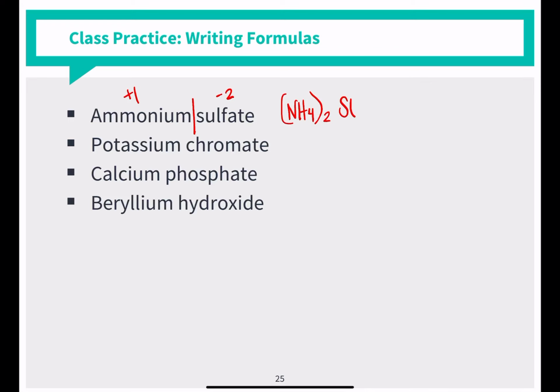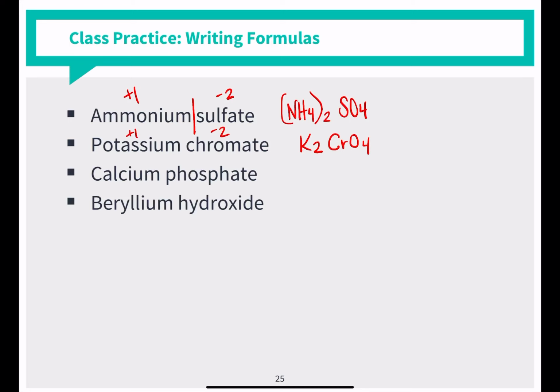Sulfate would be written as SO4. Okay? For the next one, we have potassium, which has a positive 1 charge, and chromate, which has a negative 2 charge. So we'll need 2 potassiums to balance that negative 2 charge of the chromate, CrO4.